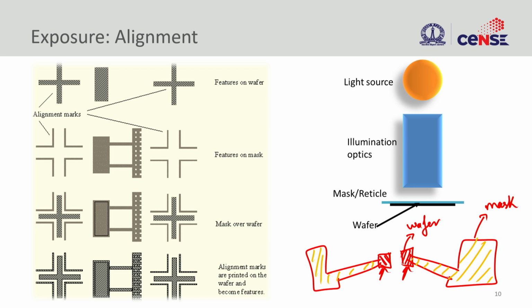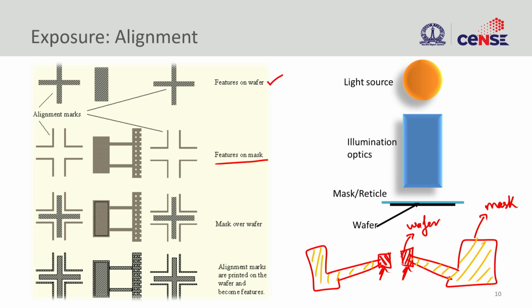markers. A feature on the wafer should, for instance, if you are going to put a cross there, and on the mask you are going to put a cross that is covering whatever alignment cross that you had. Now if you want these structures to be aligned, you will put cross and cross.